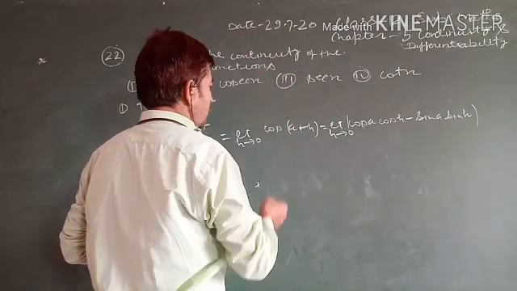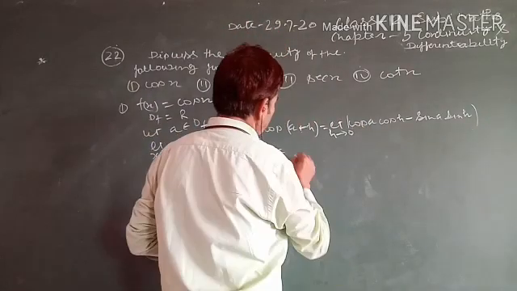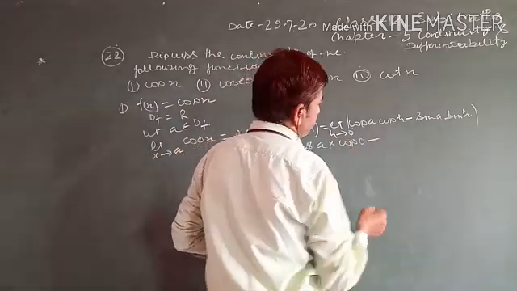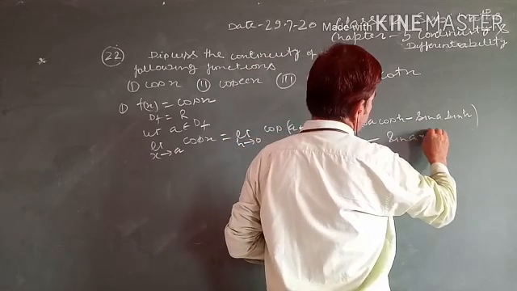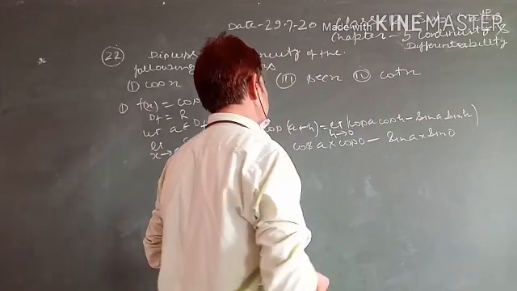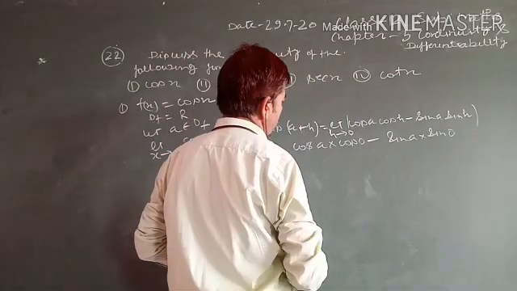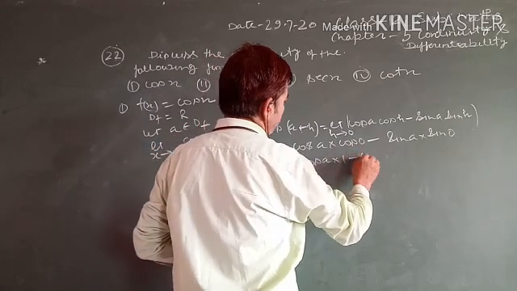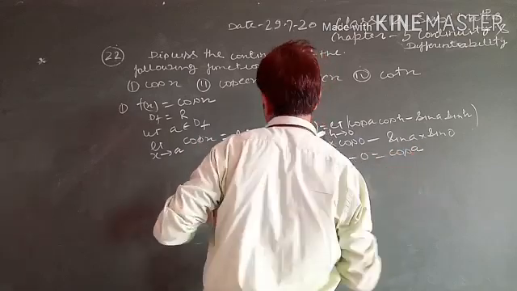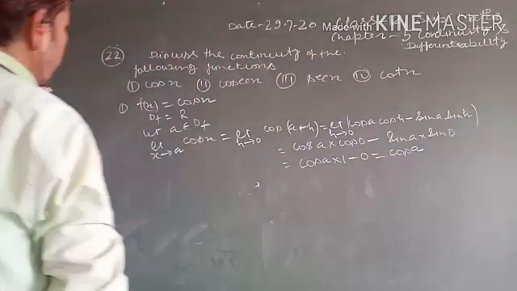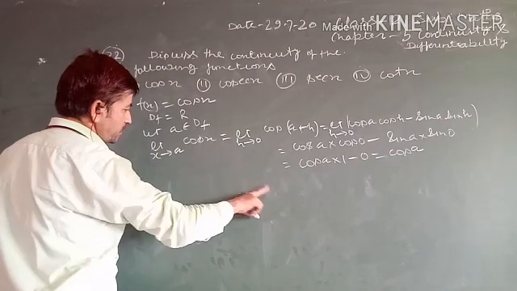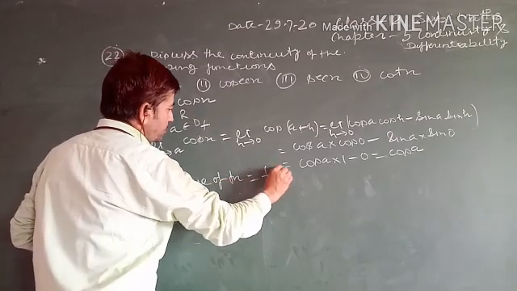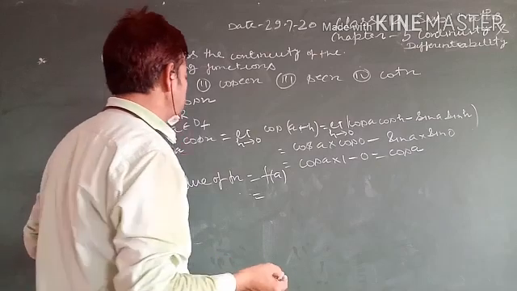Assigning the limit h equal to 0, cos a into cos 0 minus sin a into sin 0. We know that the value of sin 0 is 0, therefore the second term is 0, and the value of cos 0 is 1. Then it is equal to cos a into 1 minus 0, which is cos a. This is the limit value of the function, and the value of the function is f(a), which is equal to cos a.